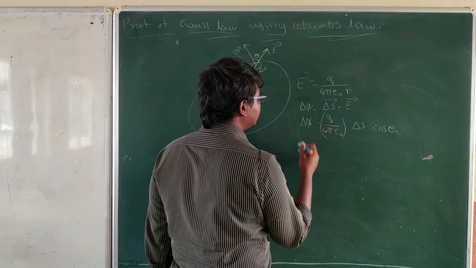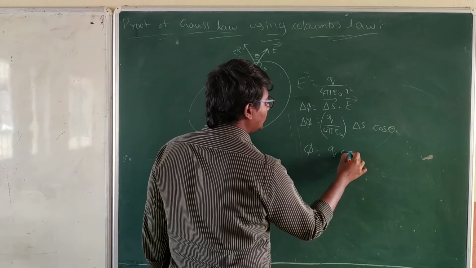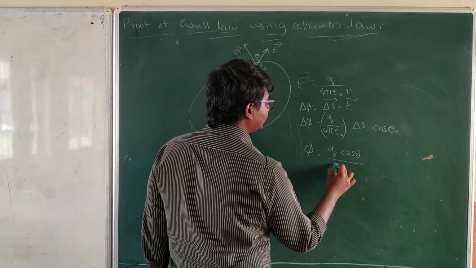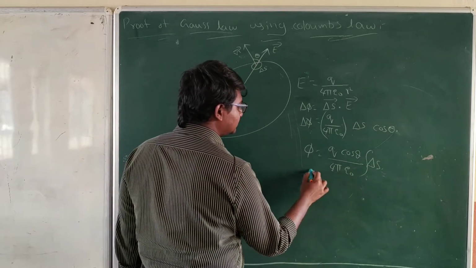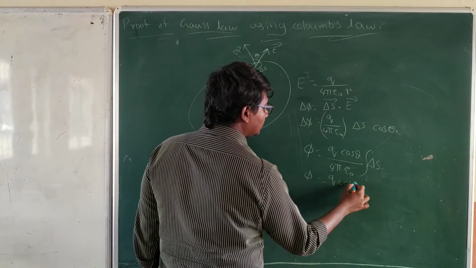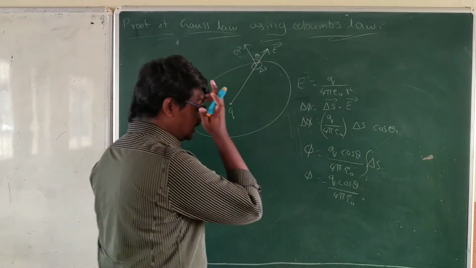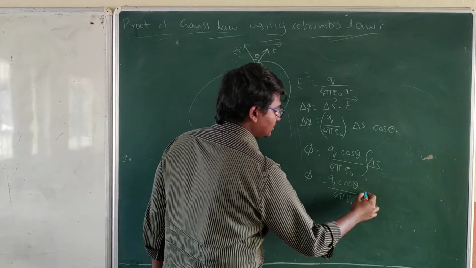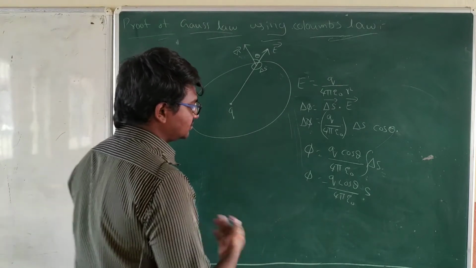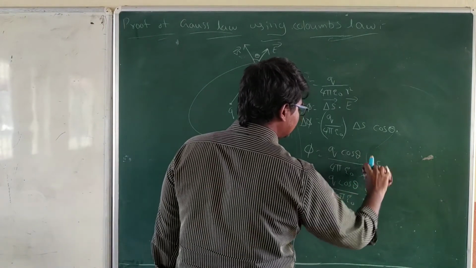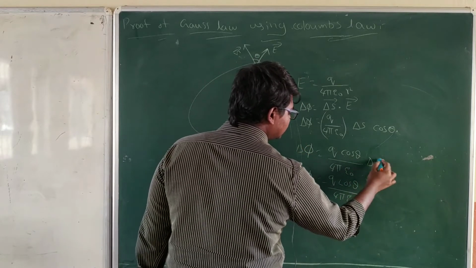This is delta phi, and if you integrate on both sides, we get Q cos theta divided by 4 pi epsilon naught into integral delta S. Integral delta S can be written as S only, or else we can remove the integration directly and keep simply delta S.